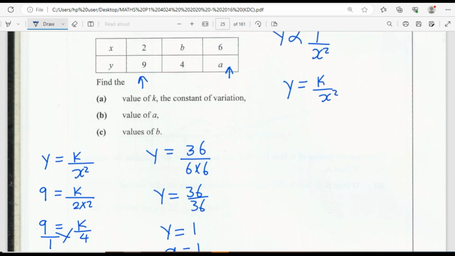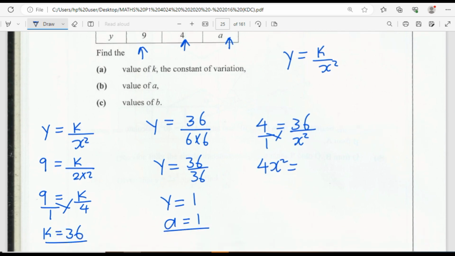And what else? Values of b. So b is where there is x. y is 4. So say 4 is equal to 36 over x squared, over 1, we cross multiply. So 4 times x squared is 4x squared. Then 36 is the same as 9 times 4.